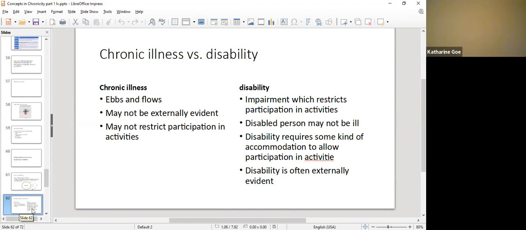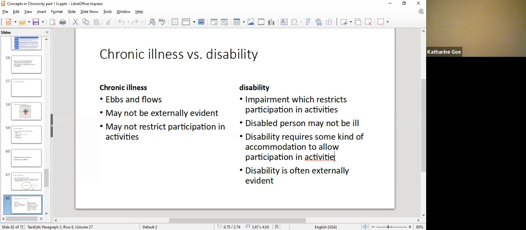You might not be able to tell that somebody's chronically ill by looking at them, and it may not restrict a person's ability to participate in activities, at least in the early stages, whereas a disability is typically very evident and restrictive in participating in activities. The disabled person may not be ill. Usually there's some kind of accommodation that's required to allow participation in activities.